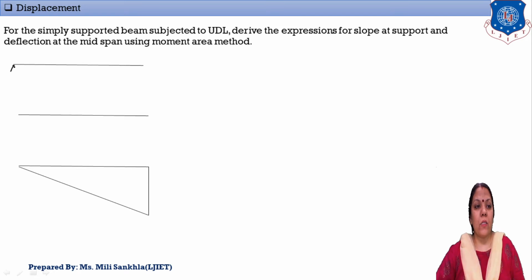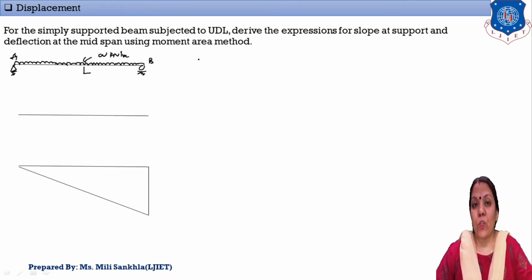This simply supported beam is subjected to UDL load on the entire span. This is point A and this is point B, and the load is W kilonewton per meter. The distance is L.